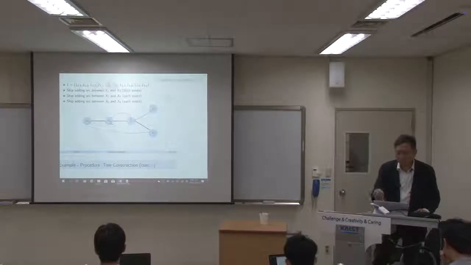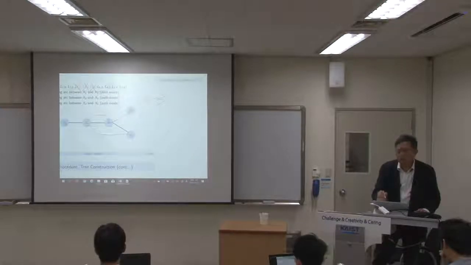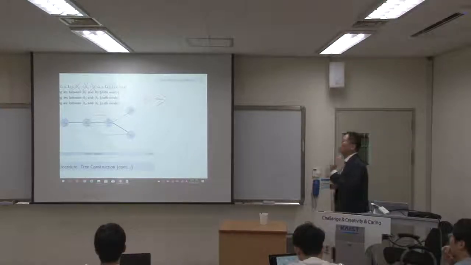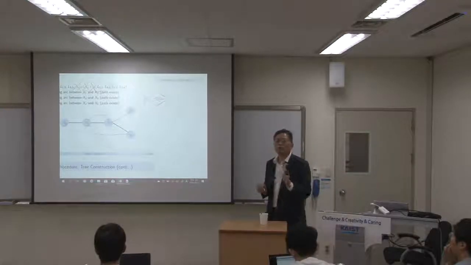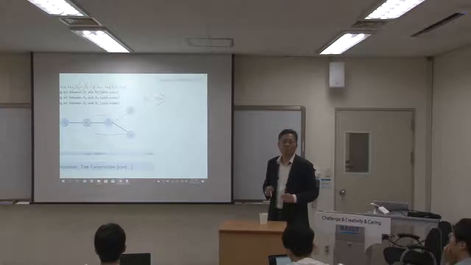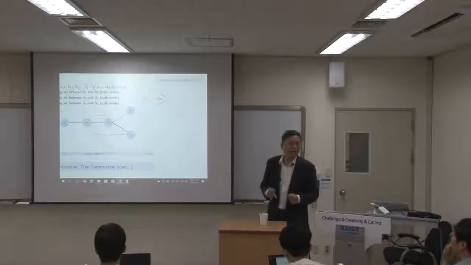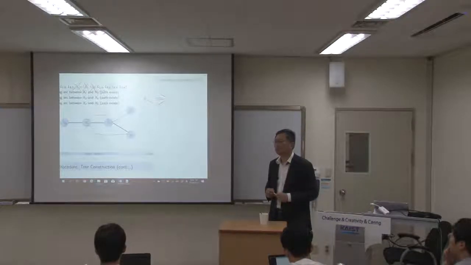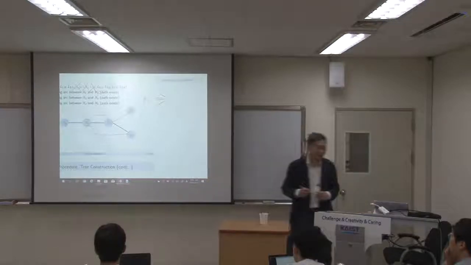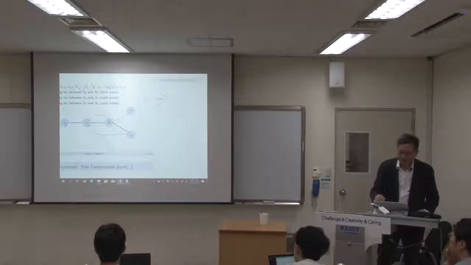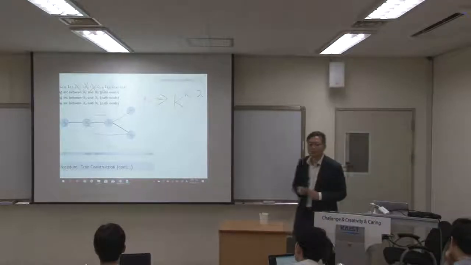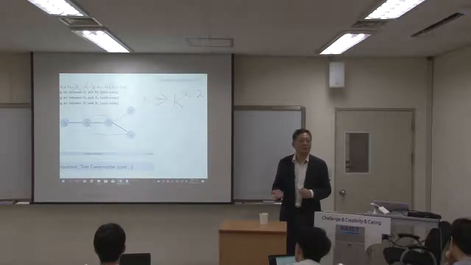If there are k nodes, do you know what the possible number of tree graphs you can get from k nodes is? Yes. That's the number of trees that you can get from the graph.